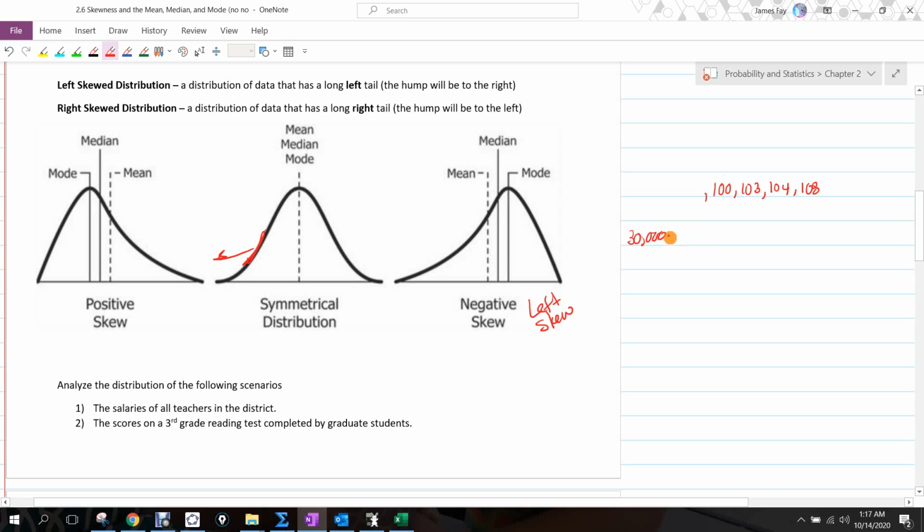If I have this distribution, it would be pulled out kind of like this, to where my mode would be back here. This would be my median, which would be the 30,000. That's going to be my middle value, and actually the median and mode would be the same in this situation. And then 5 million was way out here.